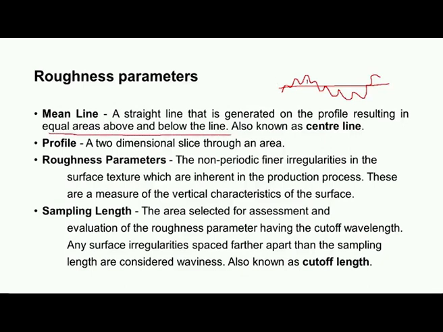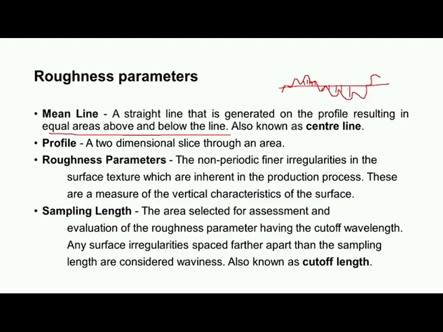So, we have the area above the mean line and the area below the mean line. We should draw the straight line maybe by trial and error method, so that the area between the straight line and the profile above the mean line and the area below the mean line are equal.